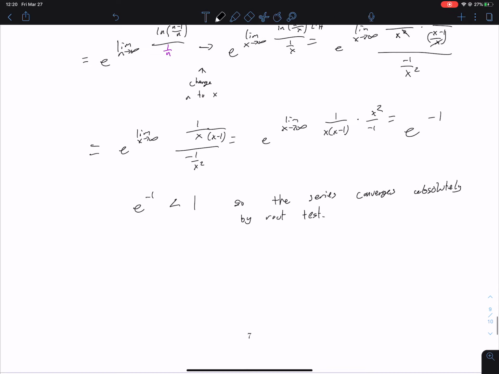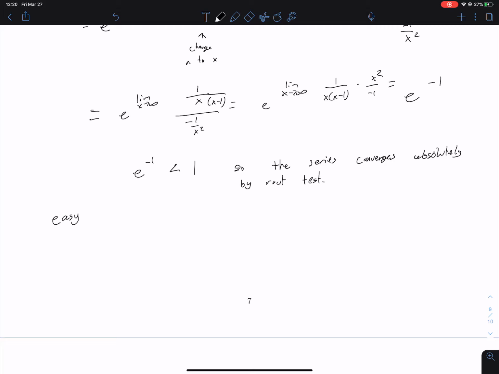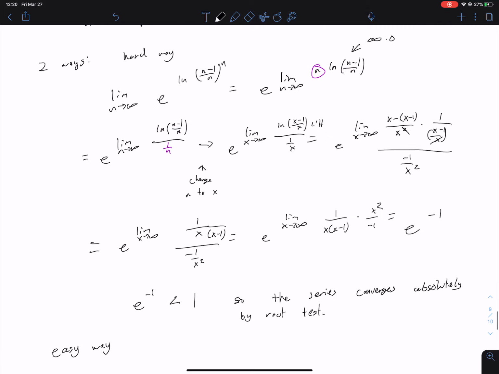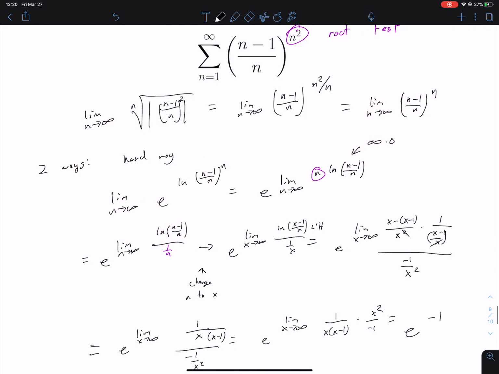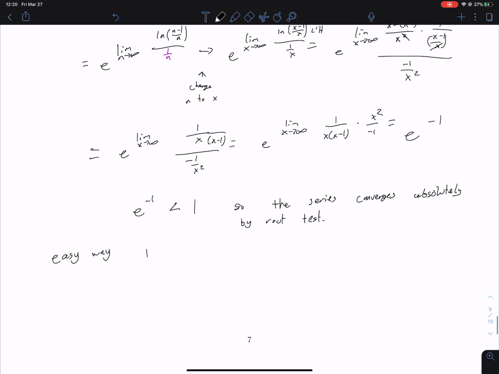Okay, that's the hard way. The easy way requires a little bit of sneakiness. Whenever you see something like this, you can get away with this. The fact that this turned into an e means this was probably that one formula we have. So what I really want to do here is split this.